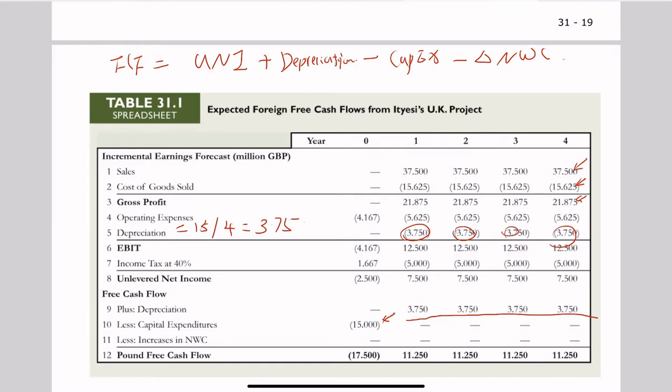So in the end, we could find out the firm's free cash flow in pounds. Right? So basically, initially, there would be a cash outflow of 17.5 million pounds. And over the next 4 years per year, the firm will have the free cash flow of 11.25 million pounds.